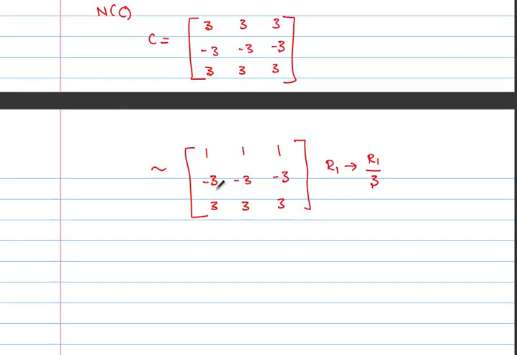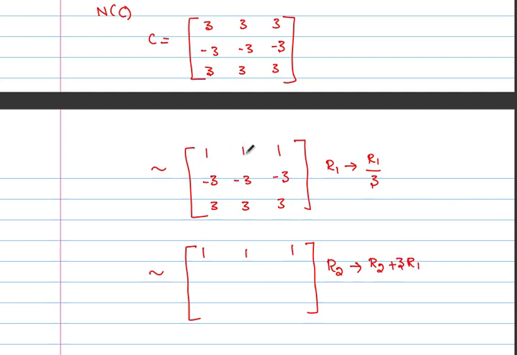Next I want to make these two entries 0. How can I do it? R2 becomes R2 plus 3 times R1.